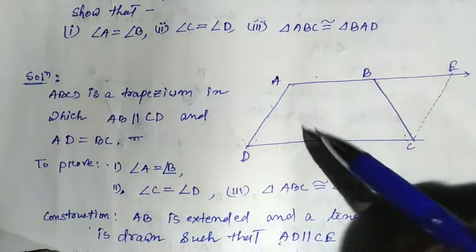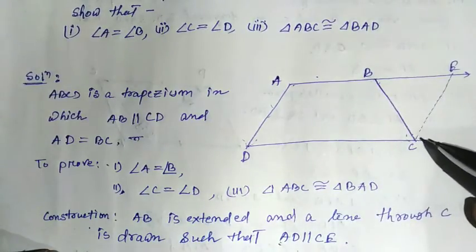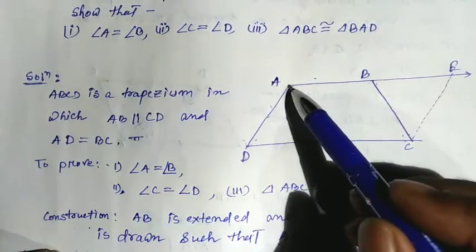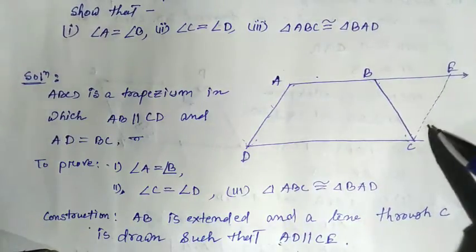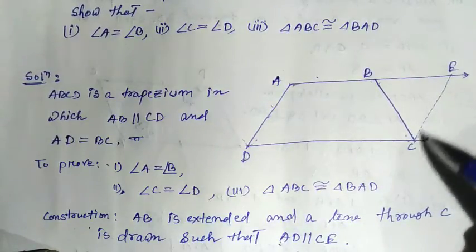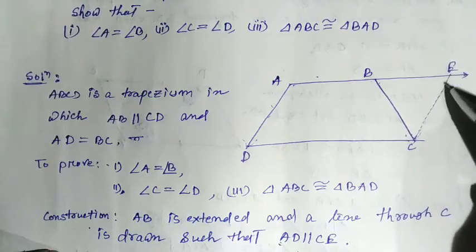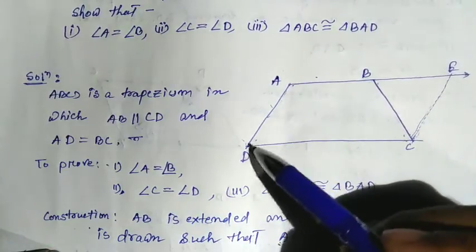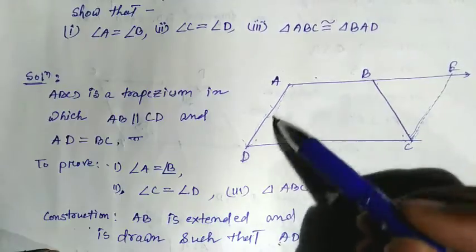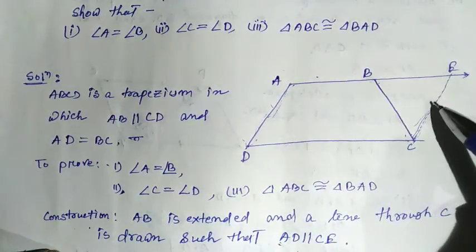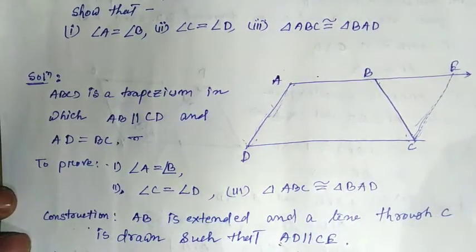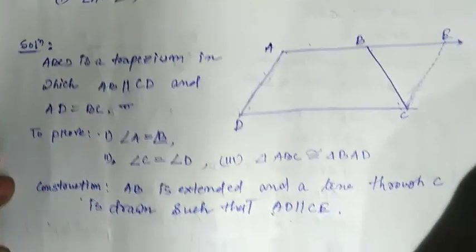Here this line is drawn. The side AB is extended and a line is drawn through the vertex C such that this CE is parallel to AD. These two are parallel. So now we'll prove one by one.